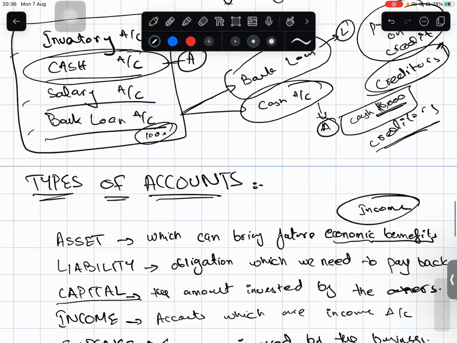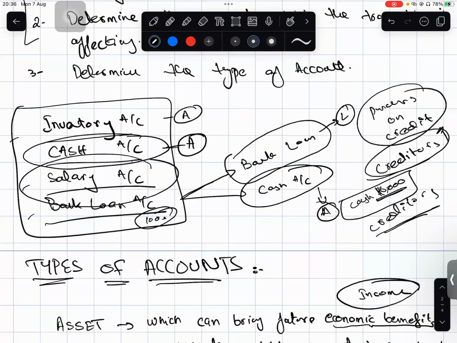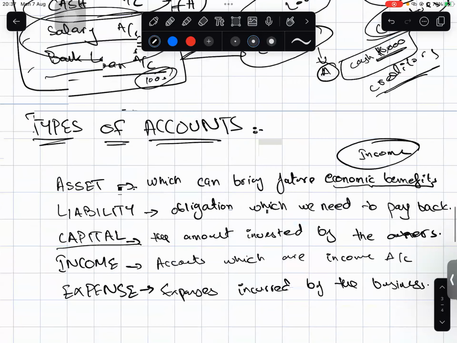Now, for example, what do you think this salary account is? Is it an income account? Is it an expense account? It is an expense account. Pretty straightforward. The income and expense accounts will always be extremely straightforward. You won't have to worry about that.